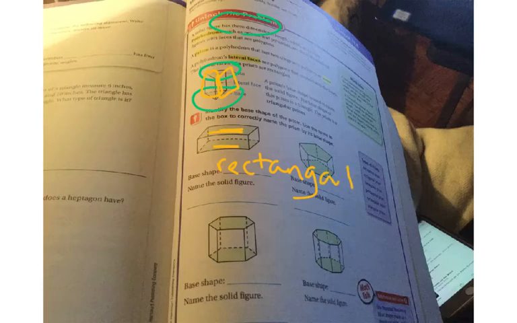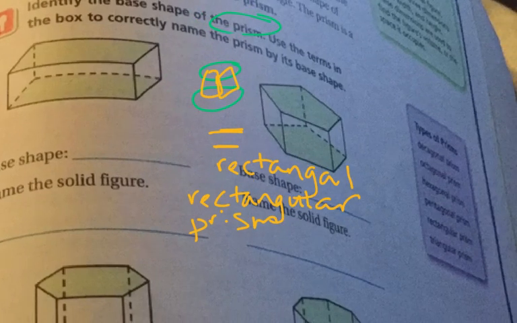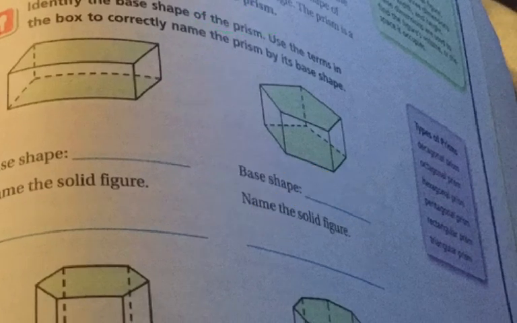So the name of the solid is a rectangular prism. Okay, so the prism means that both of the ends are the same. Looking at this next shape, I see that the bases have 1, 2, 3, 4, 5 sides. So that's a pentagon. So the name of the solid is a pentagonal prism.